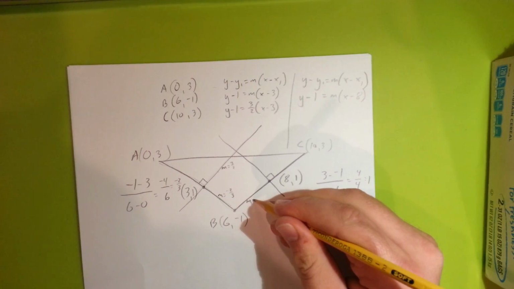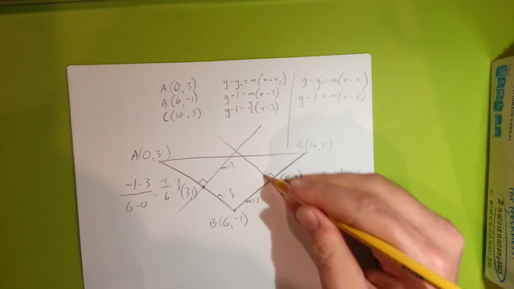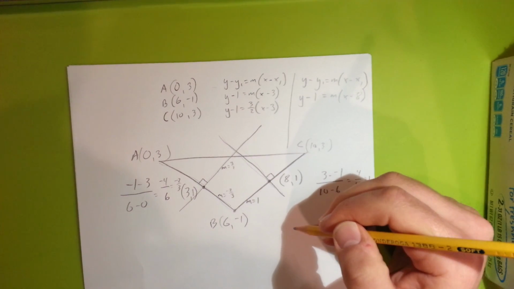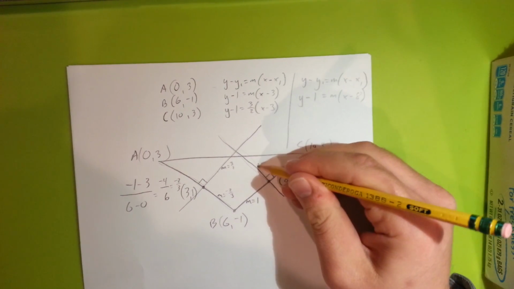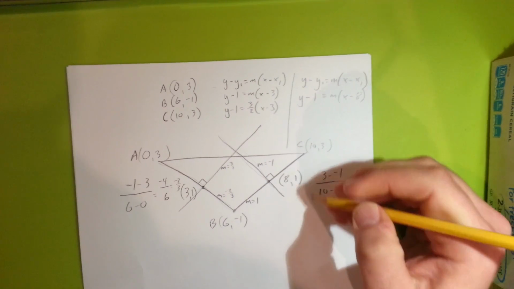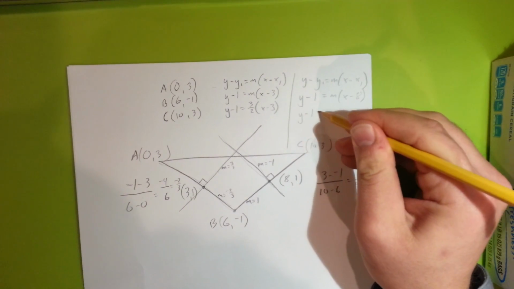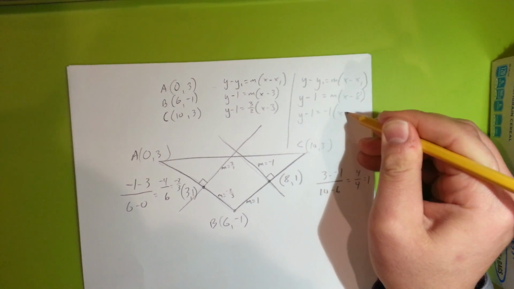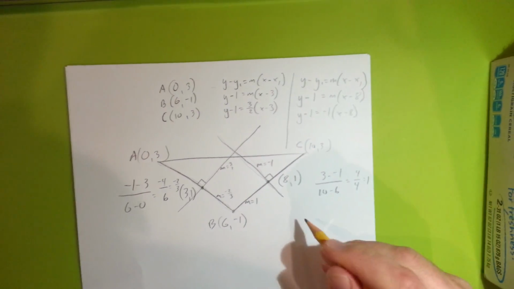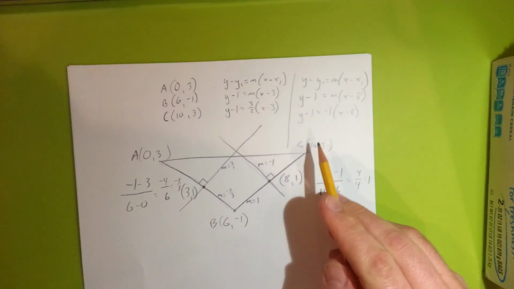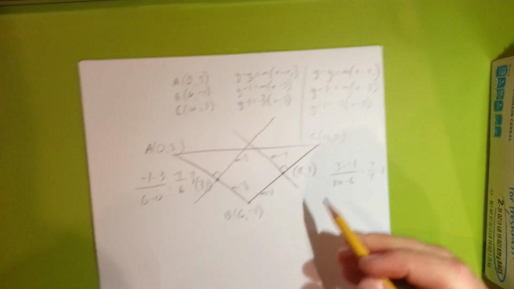So the slope of side BC is 1. The slope of this perpendicular bisector is going to be the opposite reciprocal of that, so it would be a slope of negative 1. So now the equation of this line is y minus 1 is equal to negative 1 times x minus 8.